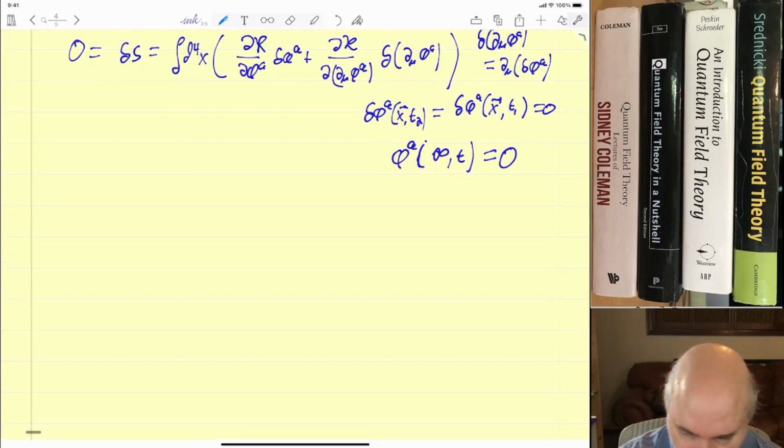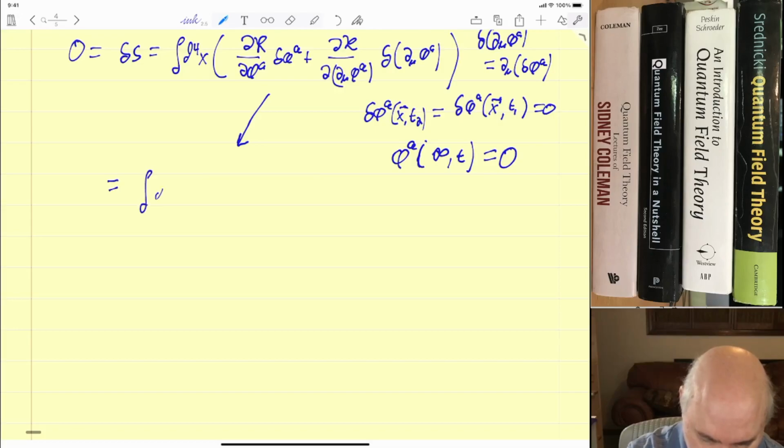Okay. So going from here, we use our usual integration by parts. So this is equal to the integral d4x of the variation of phi A here.